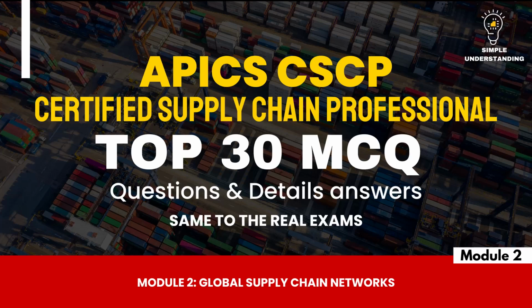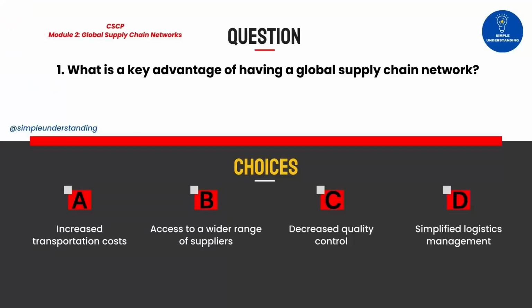Here is a set of 30 challenging multiple-choice questions, MCQs, for Module 2, Global Supply Chain Networks. 1. What is a key advantage of having a global supply chain network? A. Increased transportation costs. B. Access to a wider range of suppliers. C. Decreased quality control.